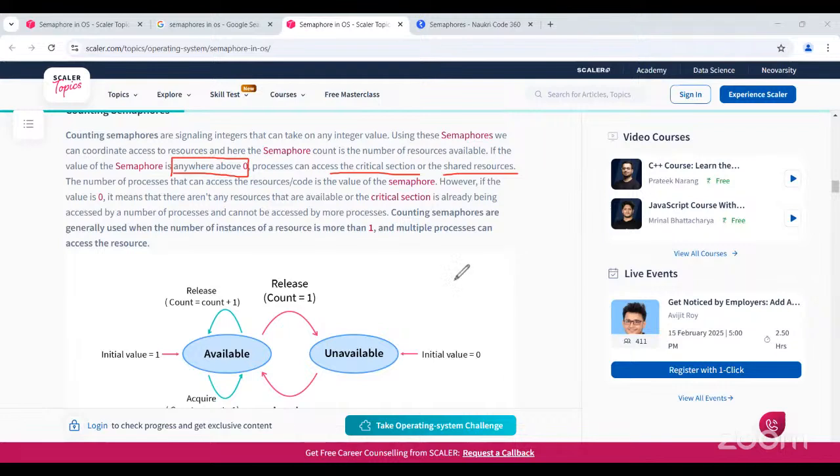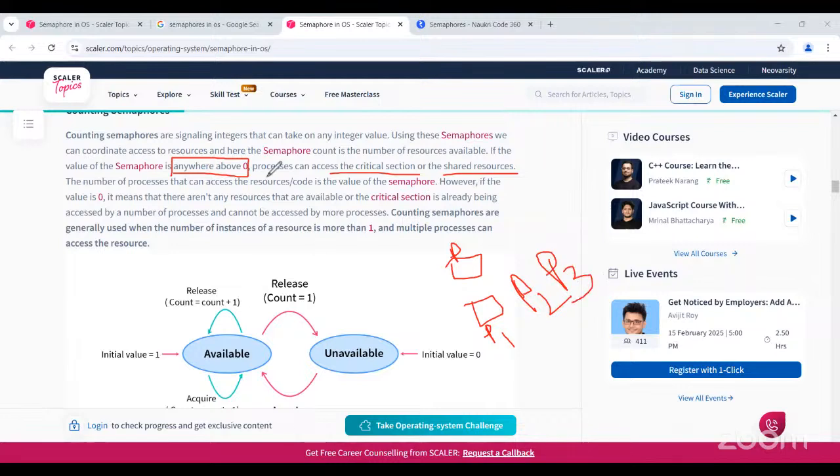Meaning, here a printer is there, and there are processes: process one, process two, process three.